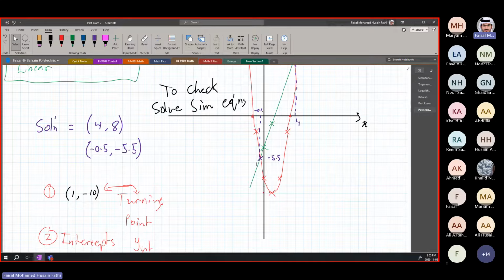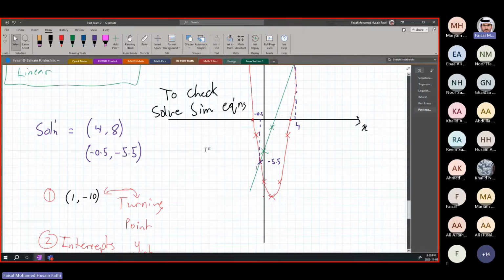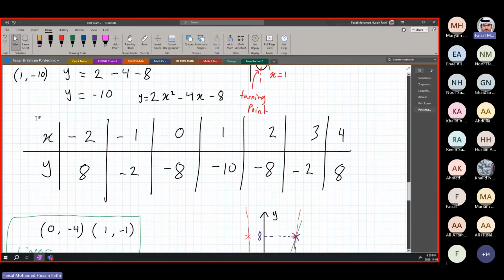And then, what do we need to get the marks? The table, the two points, and the graph. If you're talking about the marks, I'm not sure how they mark them. I cannot tell you honestly. But if I was the one doing the marking, I would mark on the table, and you have multiple different points.